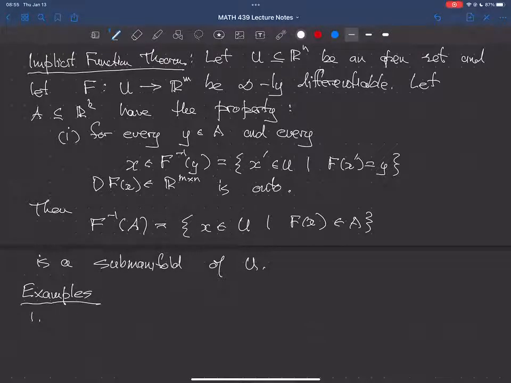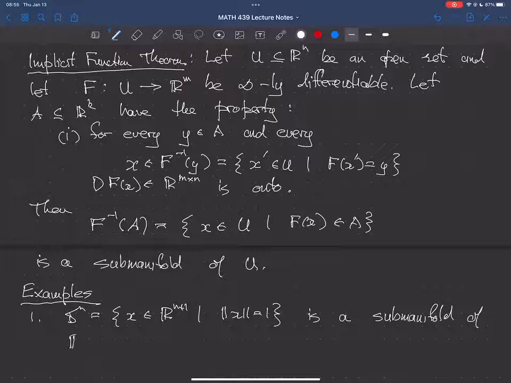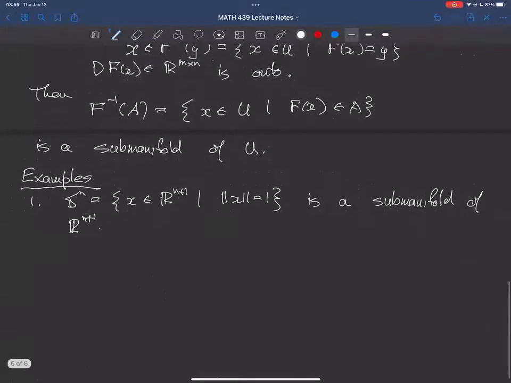Okay, so let's prove that the n-dimensional sphere is a submanifold of Rn+1. Remember what the n-dimensional sphere is: it's the set of all vectors in n+1 dimensional Euclidean space with norm 1. I'm going to do that using the implicit function theorem.